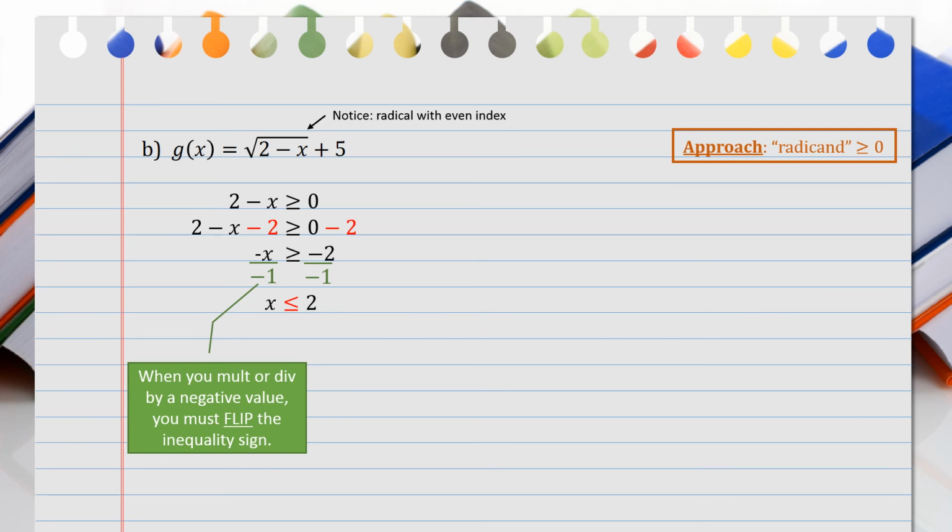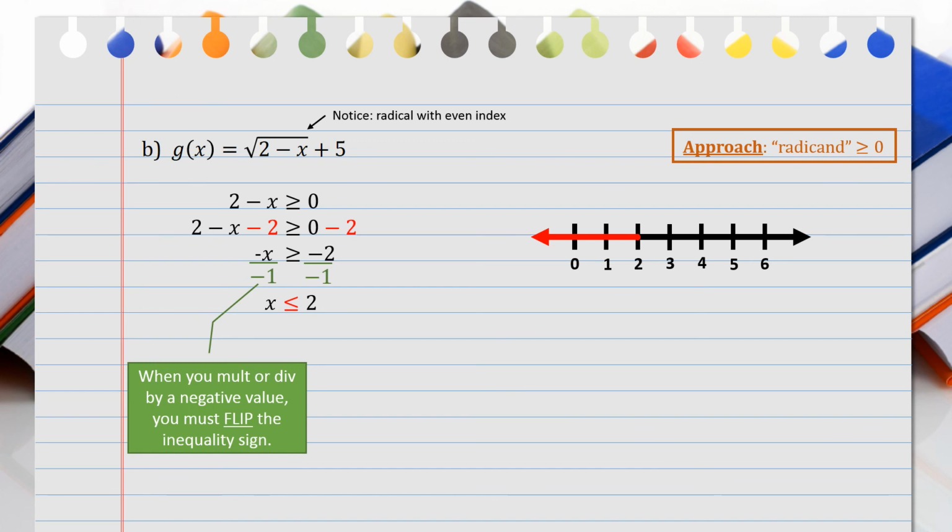Since x is by itself, we have found our domain, but we probably want to draw the number line so we have a better understanding. Again, it says x is less than or equal to 2, which means something important happens at 2. Now, what values are considered less than 2? Are they the values to the left or the right? Well, less than would be to the left. So we shade to the left of 2.